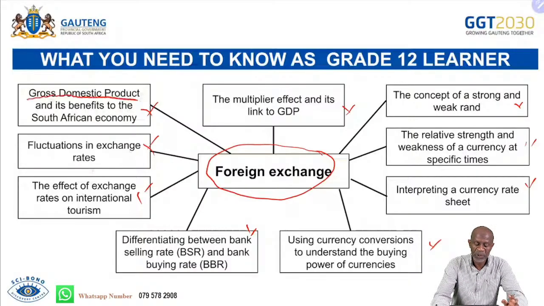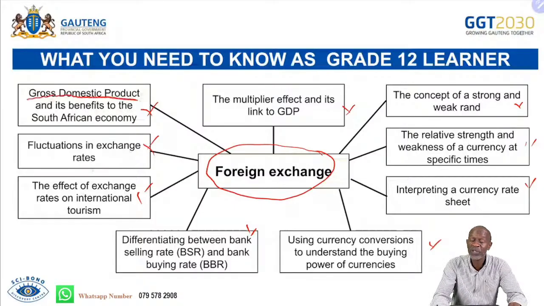We will look into that. We are also going to differentiate between bank buying rate and bank selling rate. This is quite crucial when we go into calculation or conversion of one currency to another. We need to know which rate must be applied.